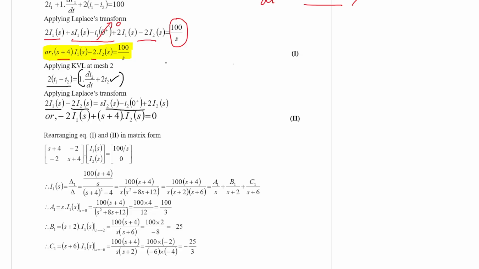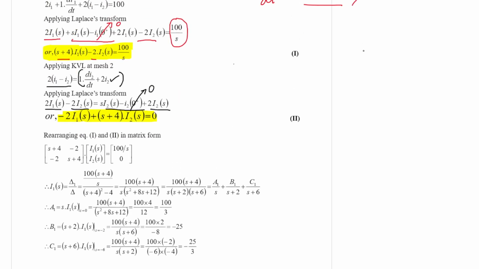From the zero initial condition we can neglect this term, and the remaining last term is 2I2, so its Laplace transform will be 2I2(s). If you simplify this equation, you will get I1(s) with minus 2, and with I2(s) we have s plus 4, and that should be equal to 0.